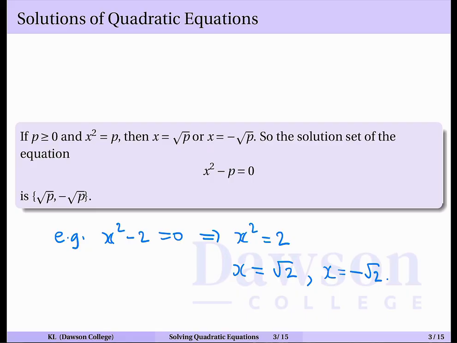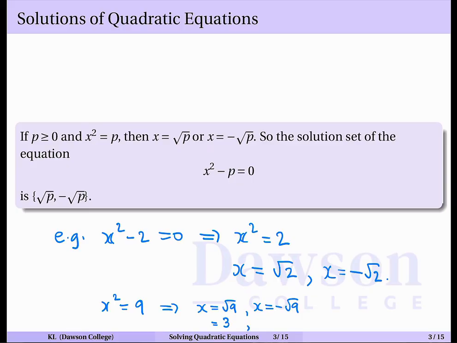Similarly, if you got x squared equals, say, 9, this means that x equals square root of 9, x equals negative square root of 9, but we know the square root of 9 is equal to 3.